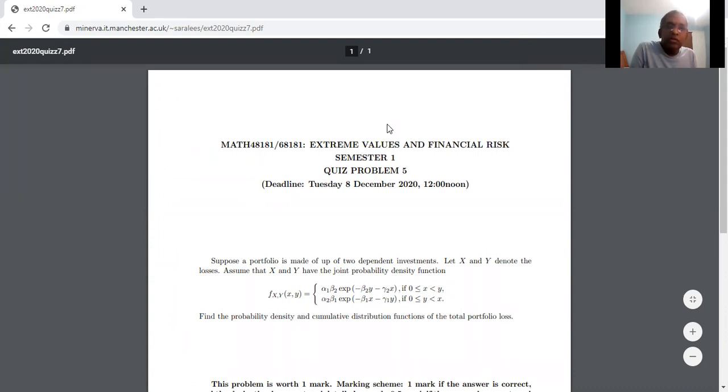This is stuff we covered last week, in week 5. If you look at the examples we did in week 5, they should help you do quiz problem 5, which is due next Tuesday, 8th of December.